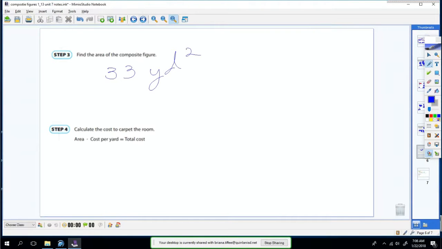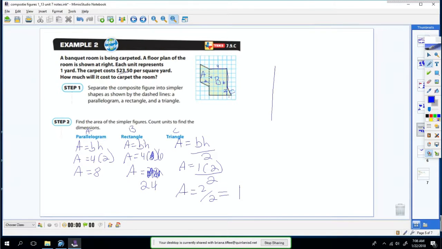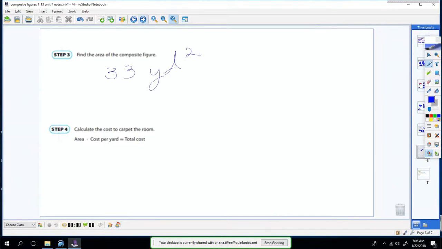But the thing is, that's not what they're looking for. It's looking for the cost of the carpet. So back here it says $23.50 per square yard. Well, I have 33 square yards. So to find the cost of it, you're going to take the area of the banquet room and multiply it by 23.50. And again, I like to write it like this.